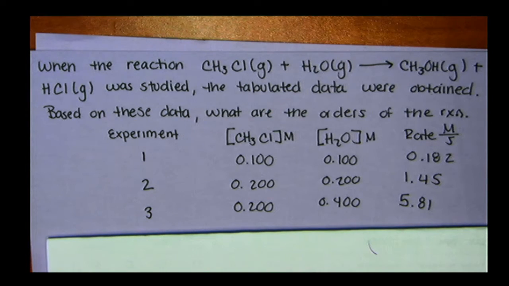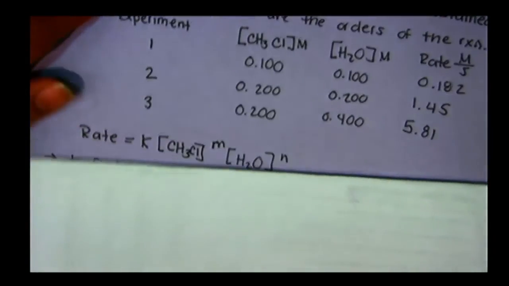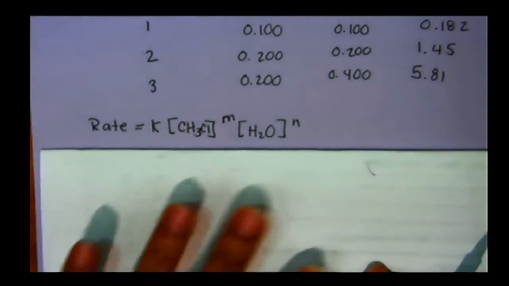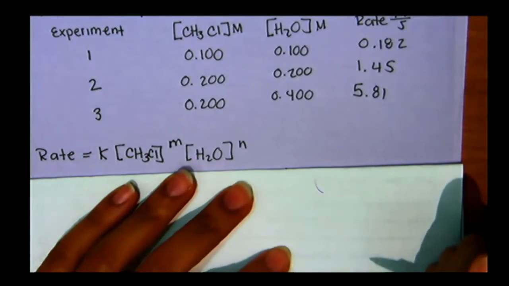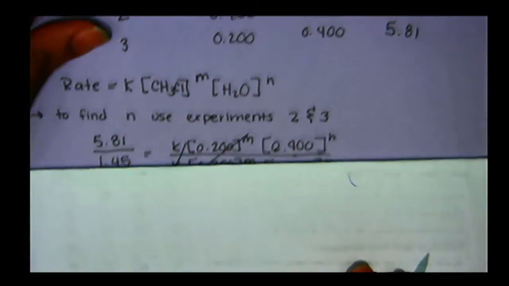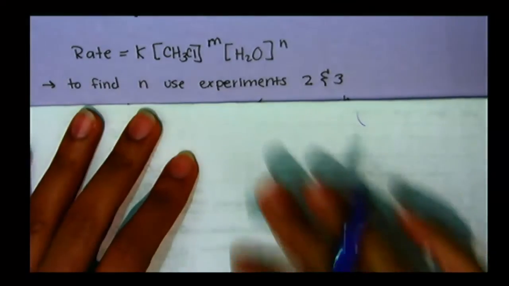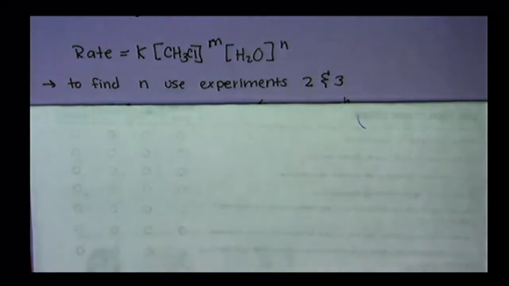And to find n or m, pick two experiments where one concentration is changing and the other is not. So in this case, I'm going to pick experiments 2 and 3. In 2 and 3, we have the concentration of H2O changing, but the concentration of CH3Cl isn't.